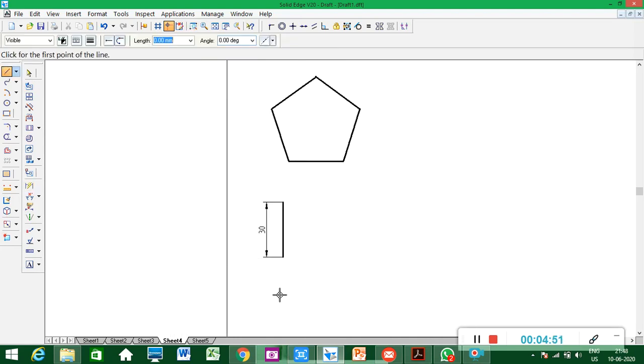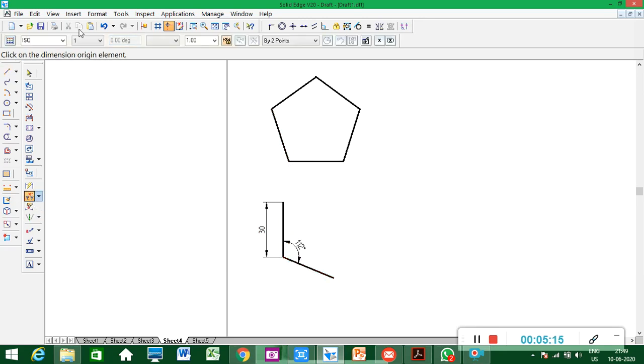I'll draw another line from this end, 30 mm at an angle of 108. By compass, you have to keep the protractor vertically in this way and measure the angle between the two lines, 108. In my software I can't measure it, so I'll just set the angle to 108.